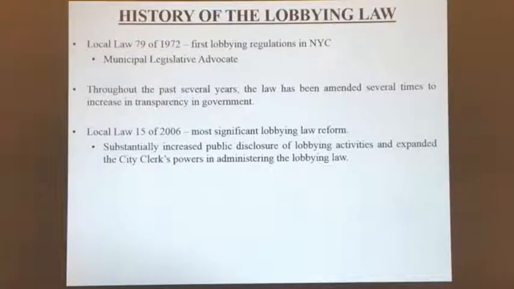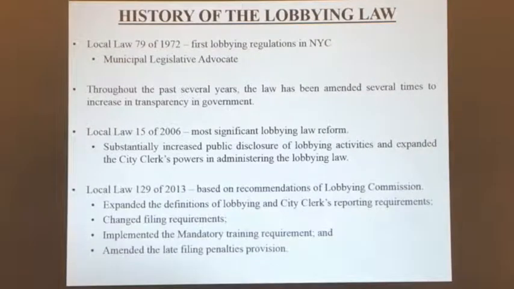The 2006 law changes also created a lobbying commission, and their job was to review the law, hold public hearings, and meet with stakeholders and make recommendations for changes that they believed should take place in the lobbying law. The changes that the commission proposed were enacted as part of Local Law 129 of 2013.